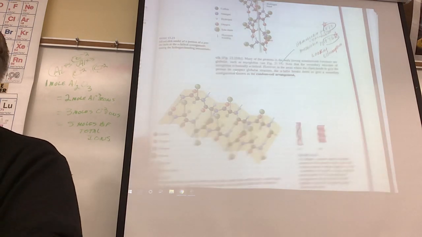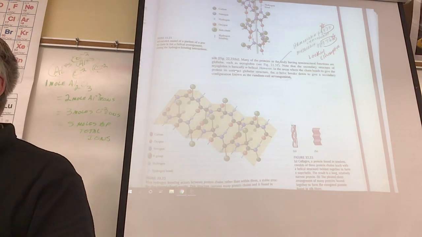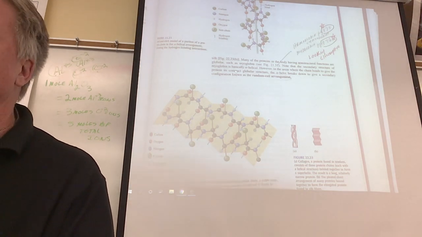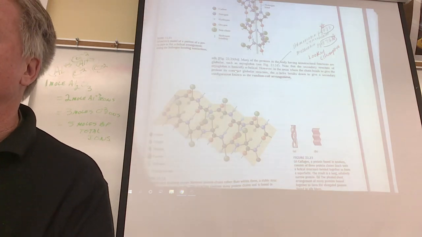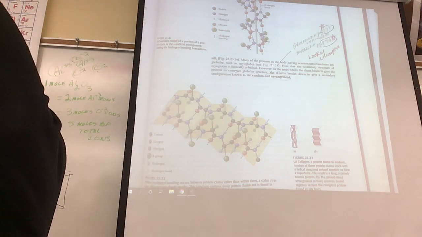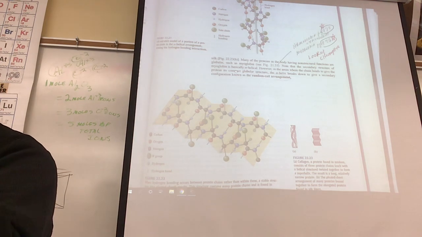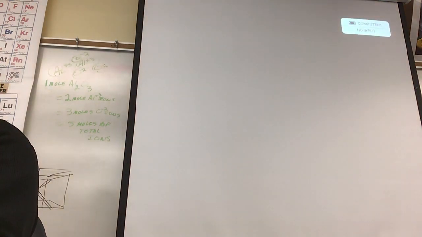In some proteins, they can bend themselves like this, and the amino acid chain can be like a spiral. Now, the other thing is that they can actually form sheets, and then they bend like that. It's like you take a piece of paper like an accordion, and that's called a beta pleated sheet.